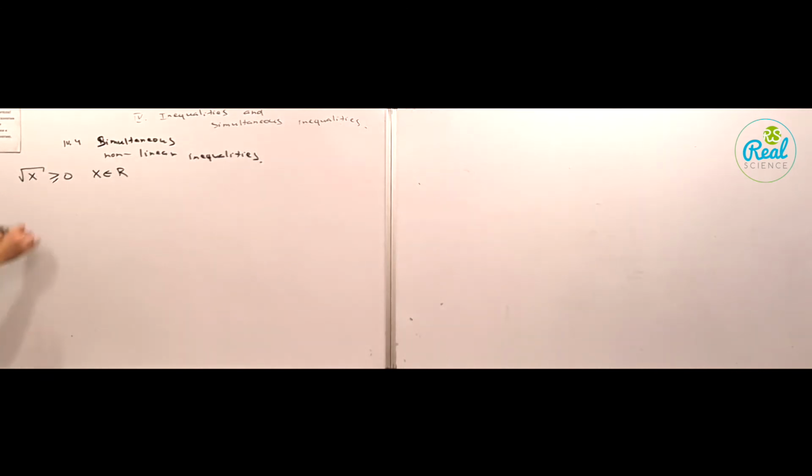And the root of x is less than or equal to 0. So here you are asked to find the value of x, meaning that x equals 0. Why? Because this root is always greater than or equal to 0.